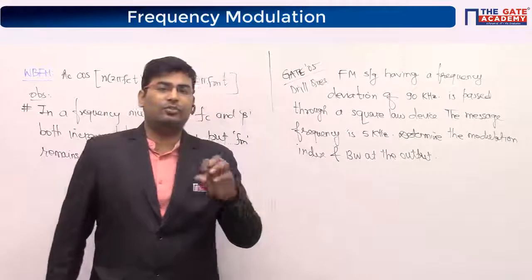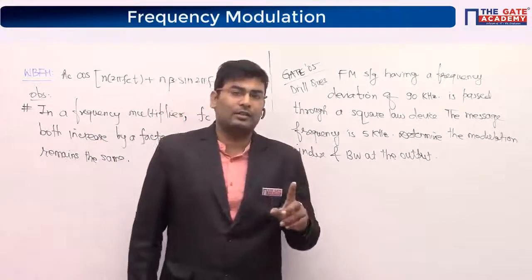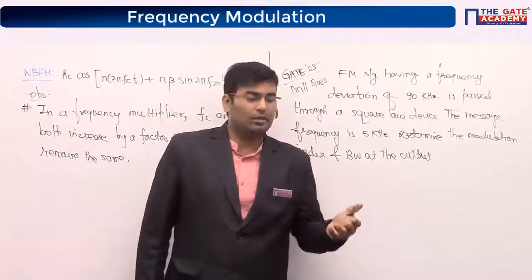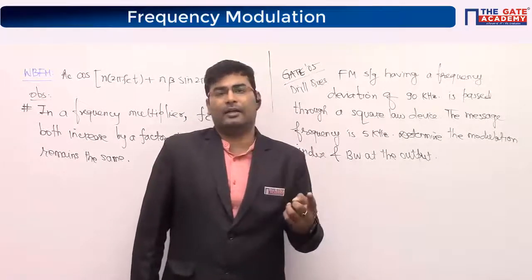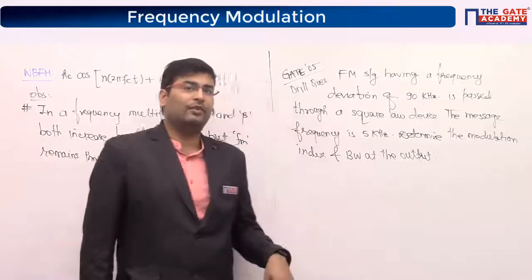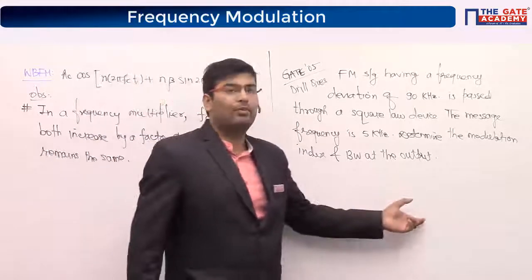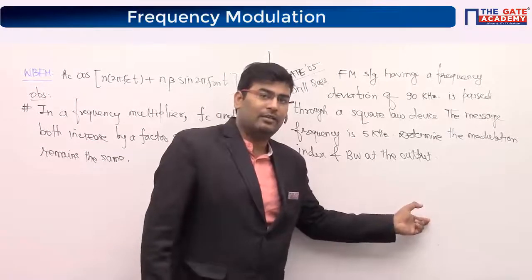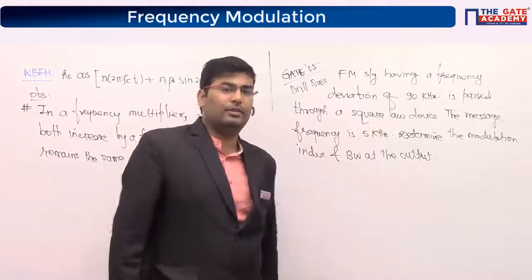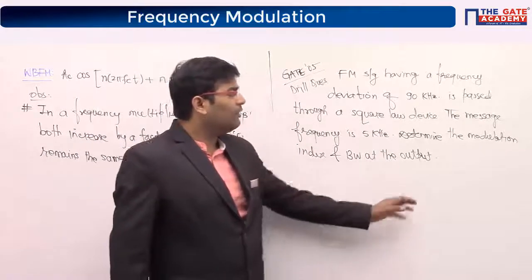So the idea is to go on the lower side, and that's why we don't practically take beta more than 5 or 6, because if the modulation index is more, your overall frequency modulation will go out of the range.